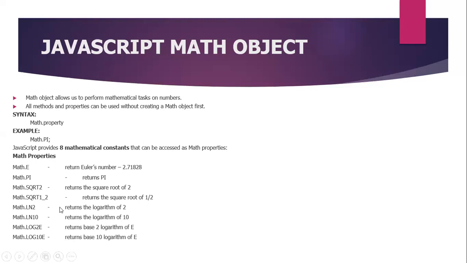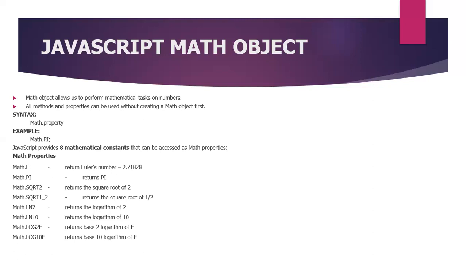Some example Math properties. Math.E returns Euler's number, 2.71828. Math.PI will return the pi value. Math.SQRT2 returns the square root of 2. Math.SQRT1_2 returns the square root of 1/2. Math.LN2 returns the natural logarithm of 2. Math.LN10 returns the natural logarithm of 10.